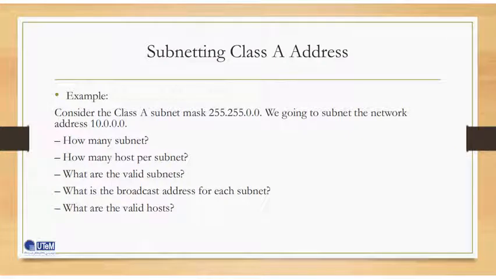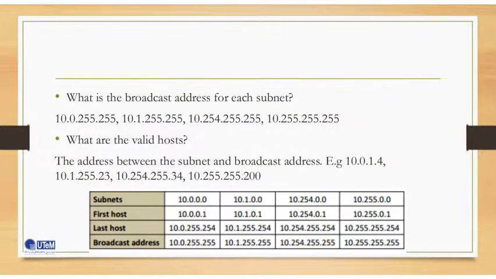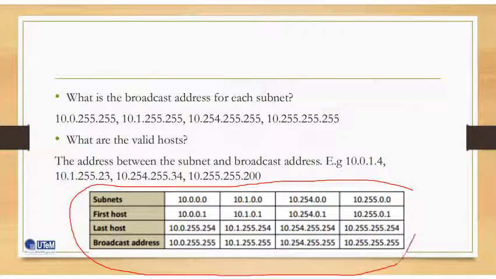And this is for class A. Okay, this is the answer for class A. So I think you can have a look. This is the subnet address, the broadcast address, and the valid host address for the given example.